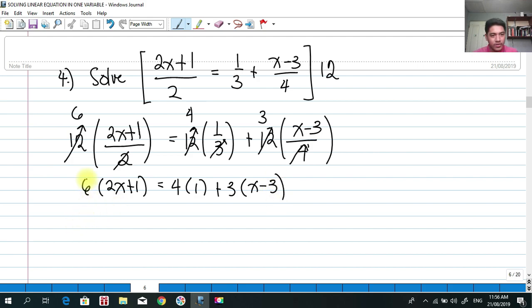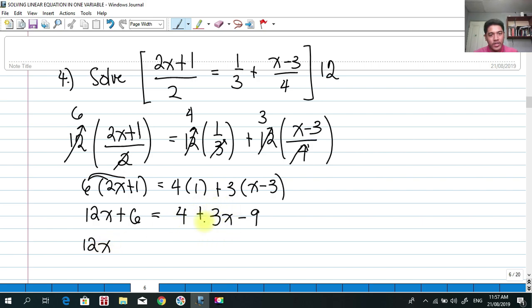So by distributive property, we have 6 times 2x, that is 12x, plus 6 times 1 is 6, 4 times 1 is 4, plus distribute this 3x, positive 3 times negative 3, that should be negative 9. And again, combine like terms. So we have 12x here.